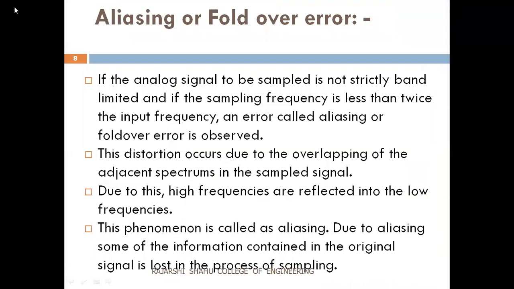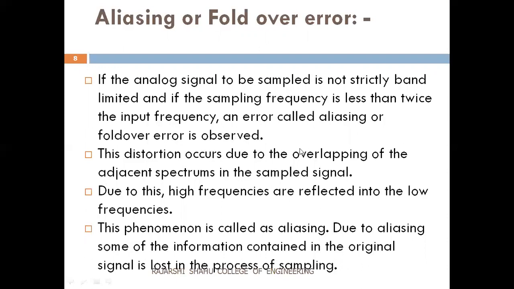So what is aliasing? That is also called fold-over error. If the analog signal to be sampled is not strictly band limited, and if we are selecting a sampling frequency which is less than the Nyquist criteria, that is less than twice the input frequency, an error called aliasing or fold-over error is observed.